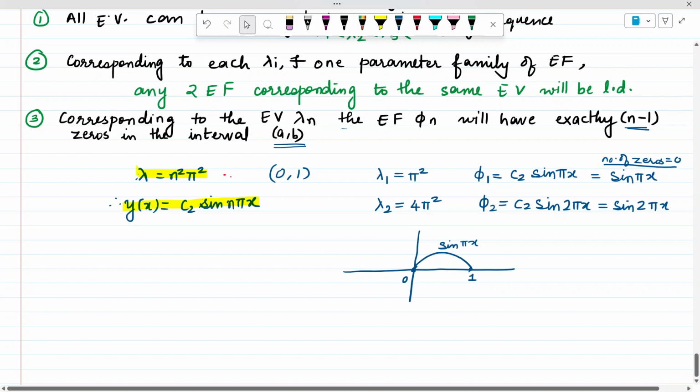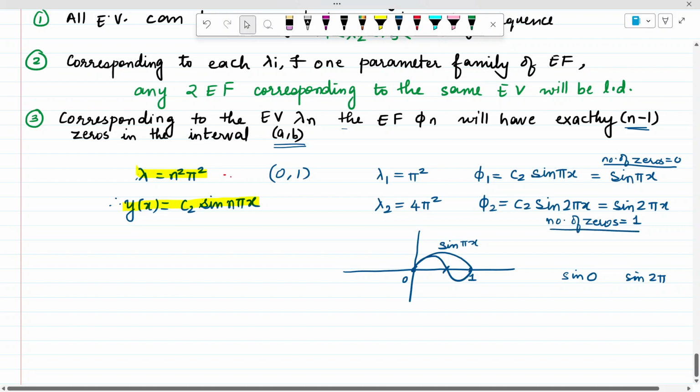अब phi 2 के लिए चेक करते हैं. phi 2 के लिए, एज पर द थ्योरी, ये कितनी बार क्रॉस होना चाहिए 0 to 1 में एक्स एक्सिस को? द नंबर ऑफ जीरो शुड बी 1, करेक्ट? n minus 1 यहाँ पे 1 होना चाहिए ना? ओके, तो यहाँ पे लेट्स पुट 0 and 1. इस पे जो ये 0 and 1 अगर डालोगे ना यहाँ पे, तो एक तो मिलेगा मुझे साइन 0 एंड दूसरा मिलेगा मुझे साइन 2 पाई. एक्स की जगह डालोगे तो साइन 0 से लेकर साइन 2 पाई में ये पूरा साइकिल कंप्लीट करता है. यस और नो? तो ये एक बार इसको क्रॉस करता है and the number of zeros is 1.